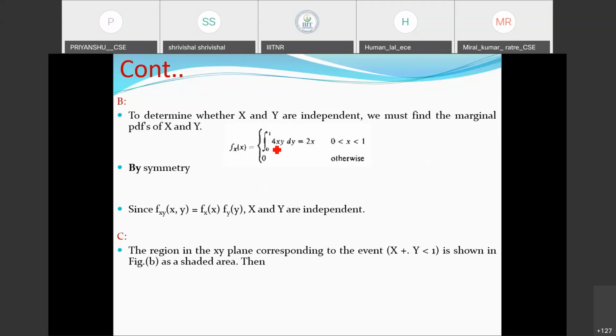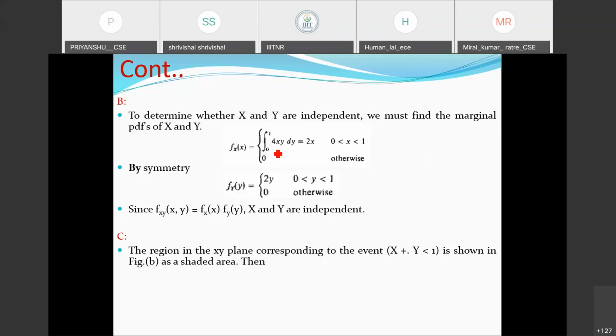So f_X(x), we can simply substitute the values and find it from the joint probability density function. It will come as 2x. By symmetry, the marginal probability density function with respect to y comes as 2y.